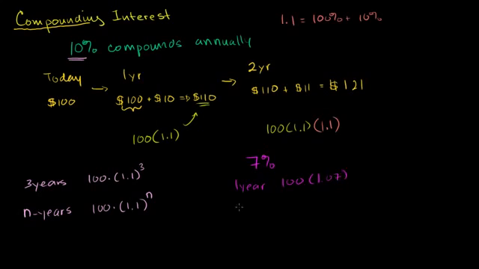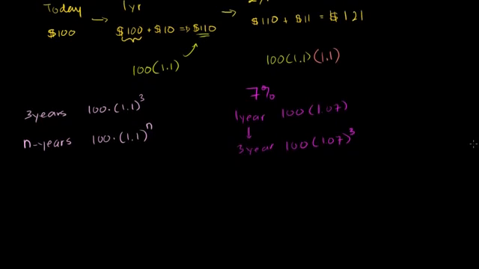After 3 years, it would be 100 times 1.07 to the third power, 1.07 times itself 3 times. After n years, it would be 1.07 to the nth power. So I think you get the sense here that although the idea is reasonably simple, to actually calculate compounding interest is pretty difficult. And even more, let's say I were to ask you, how long does it take to double your money?